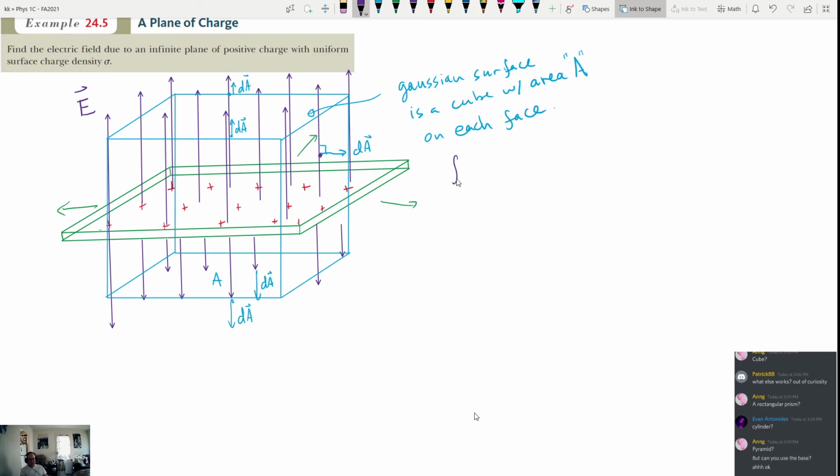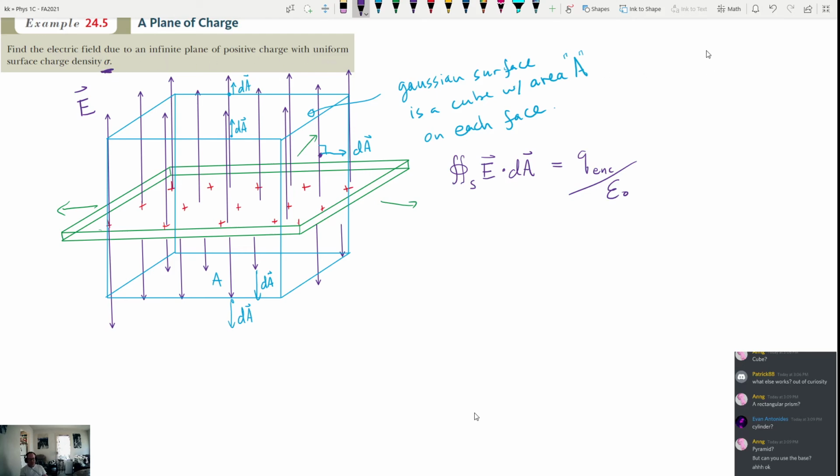Okay, so now we're going to evaluate the surface integral of E dot dA. Gauss's law tells us that that has to be equal to the charge enclosed by our Gaussian surface divided by epsilon naught. In this case, I didn't emphasize it, but it says it has a positive uniform charge density of sigma.